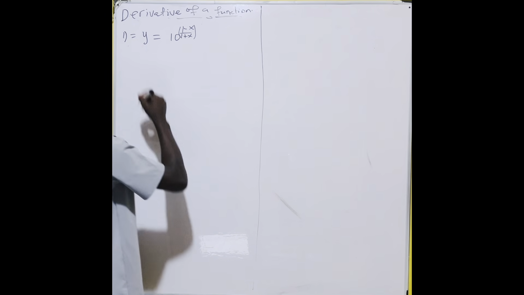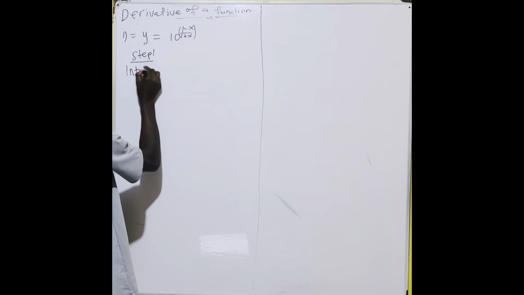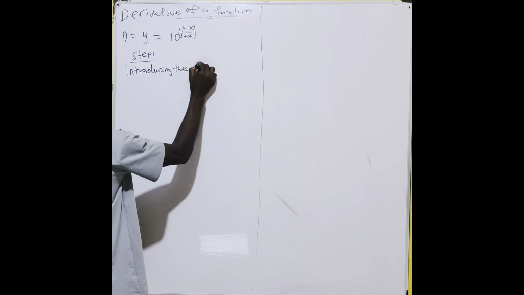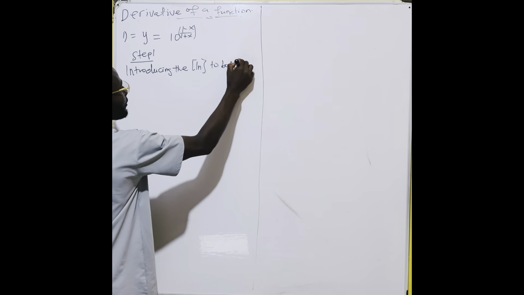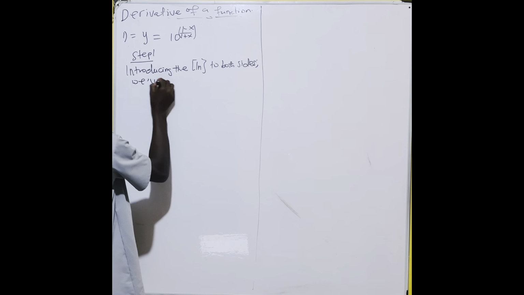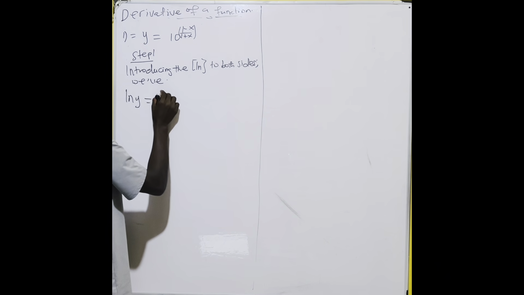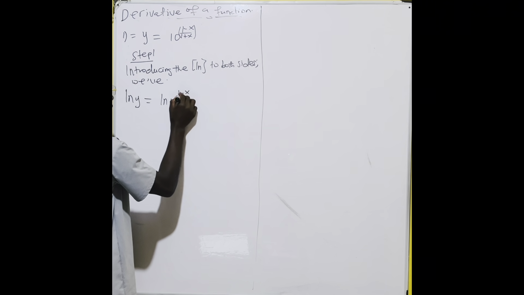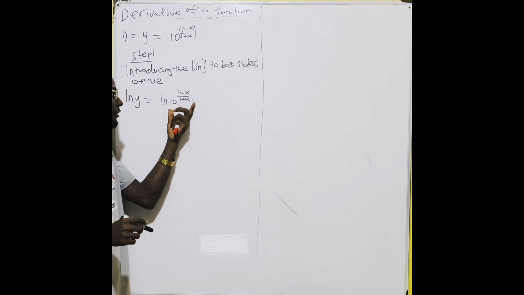Step 1, introducing the ln to both sides. We have ln y equals ln 10 to the power (1 minus x) divided by (1 plus x), right? So this is what we have right now.